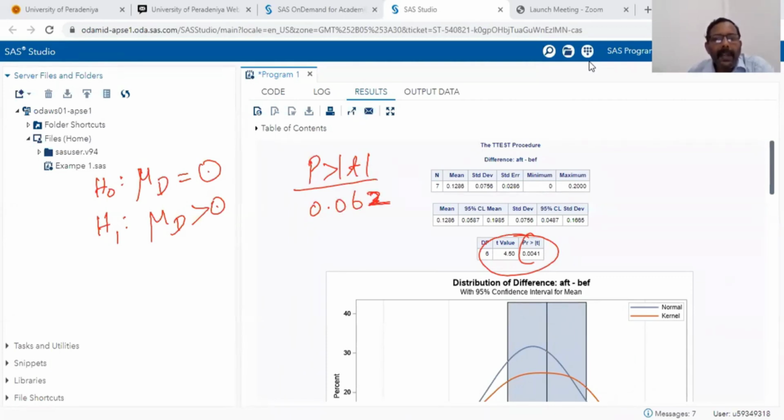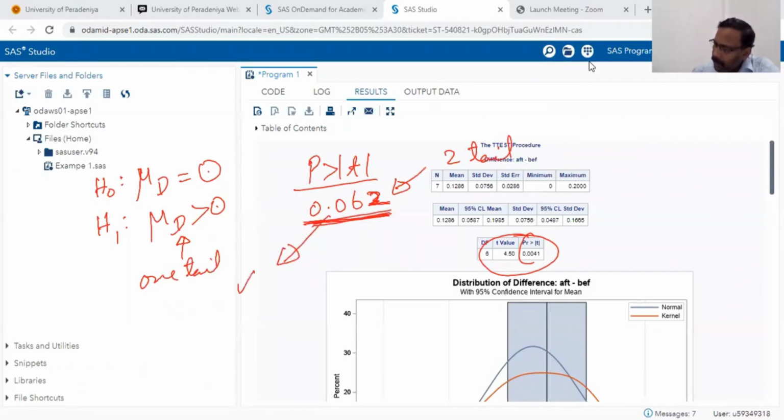Now what can you say? This value is for two tail, but our example is dealing with one tail. If you take it directly, you may end up saying alpha is less than this p value, so we don't reject it.